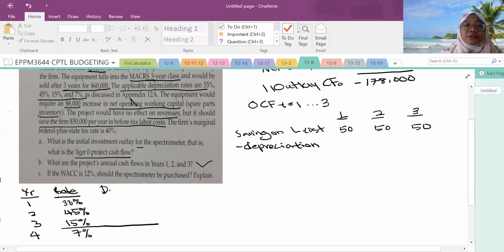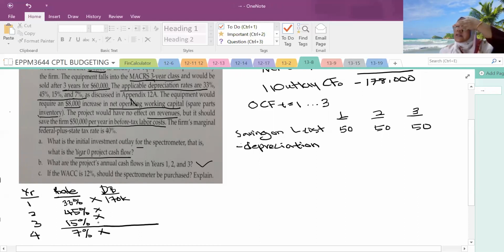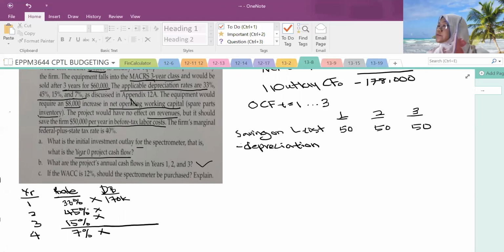Now let's calculate the depreciation. You will have to multiply all these rates with 170,000. Okay, let me refer to the calculation before.